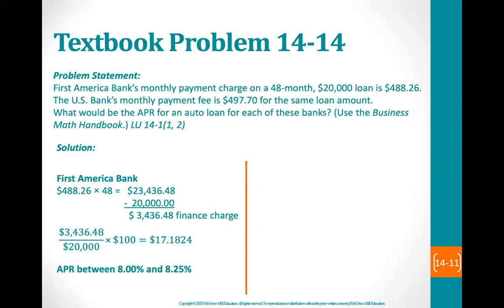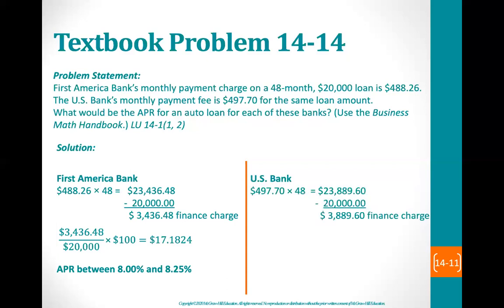When we look that up in table 14.1, we have total number of payments of 48, and our lookup is 17.184. We get an interest rate between 8 and 8.25. You'll have to use the appendix or the math handbook that came with it. When you're working these homework problems, they'll give you a link to go. The table in the book is not the full table.